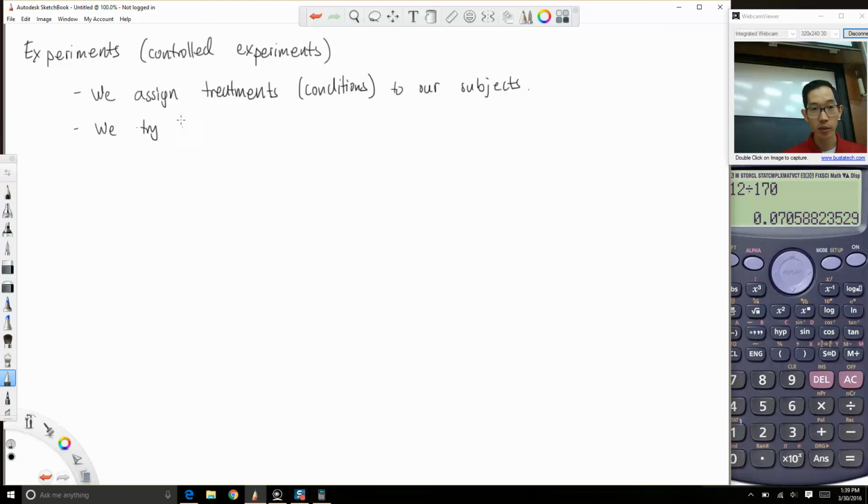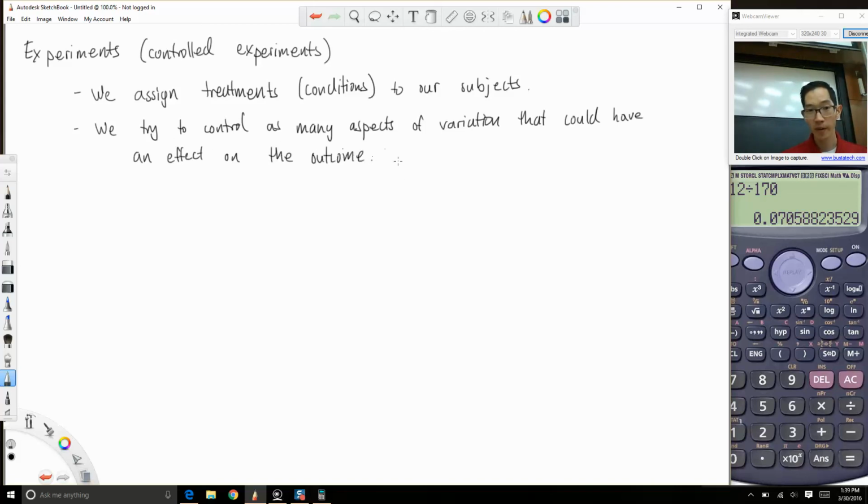So the people or the things that we're studying, we assign treatments or the conditions to them, and we try to control as many aspects of variation that could have an effect on the outcome. Okay?